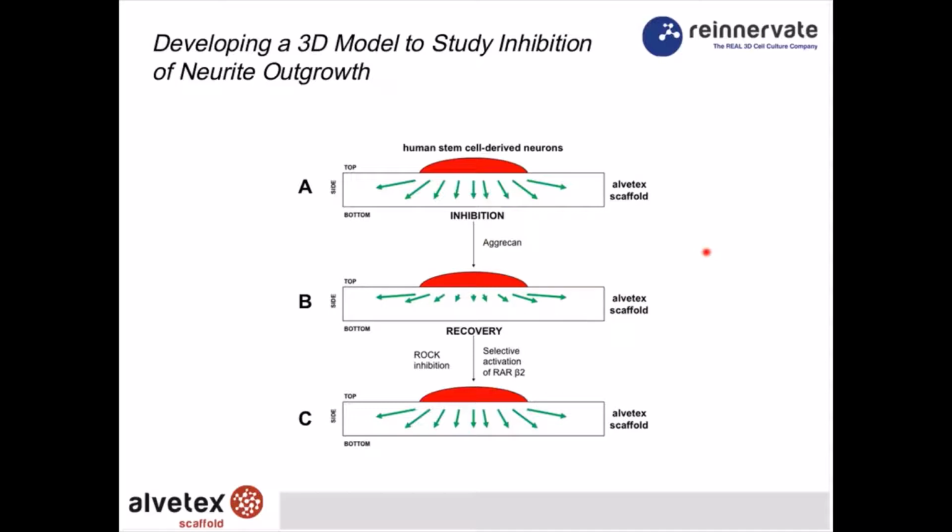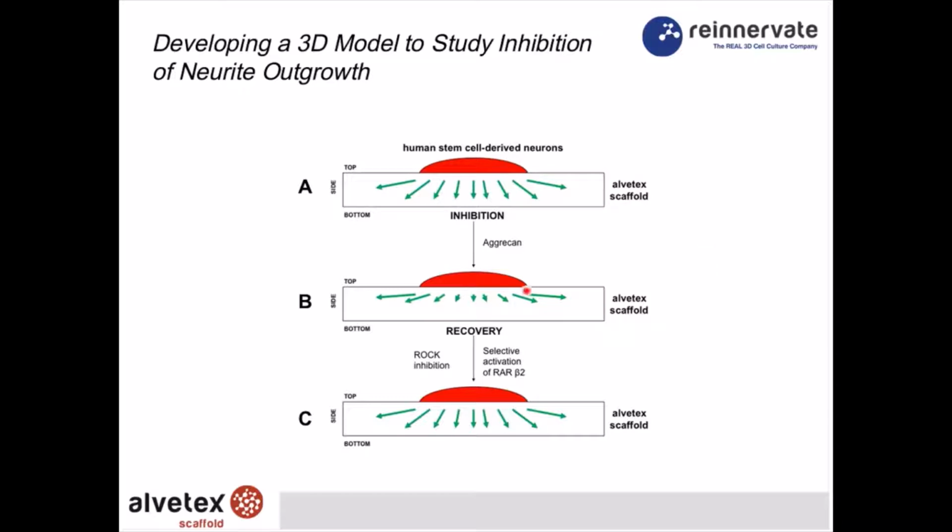So during a spinal cord injury, a compression of the cord can result in activation of the astrocytes, which become reactive, and they express proteoglycans around them. Aggrecan is a protein of such an example, and we can take aggrecan and we can coat Alvetex with this protein, and this is what this symbolizes here.